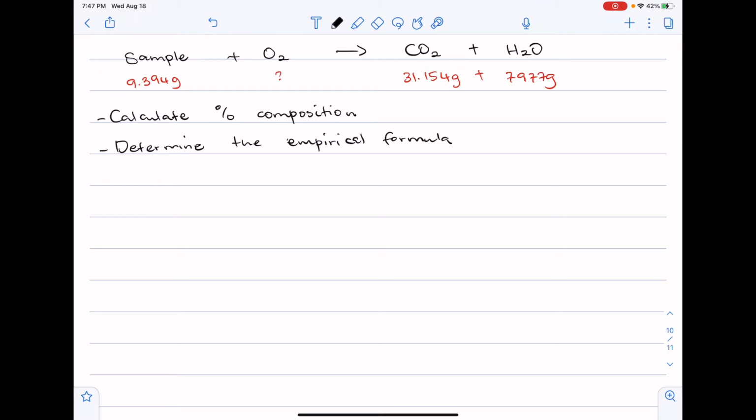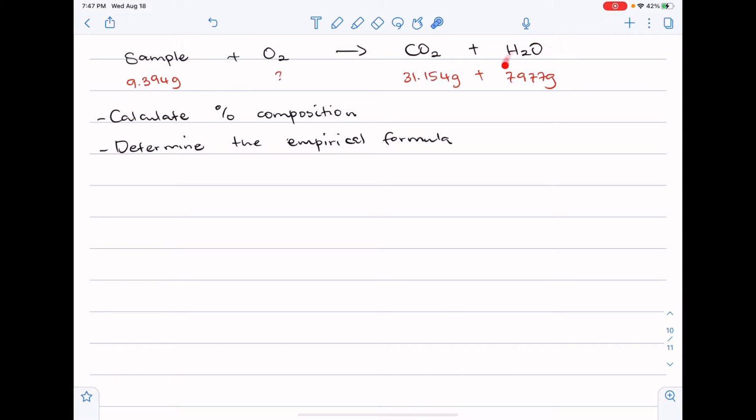The thing that you need to understand is all the carbon that is in the carbon dioxide came from the carbon in the sample, and there's no other carbon here. So the carbon in the product should equal the carbon in the reactant.